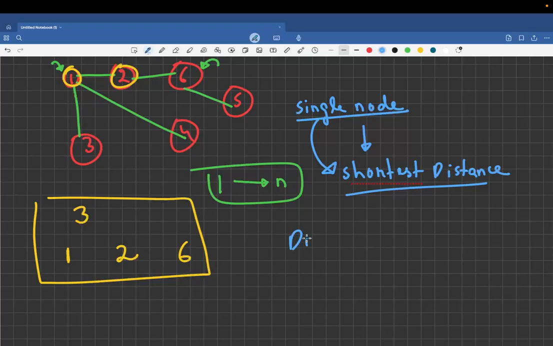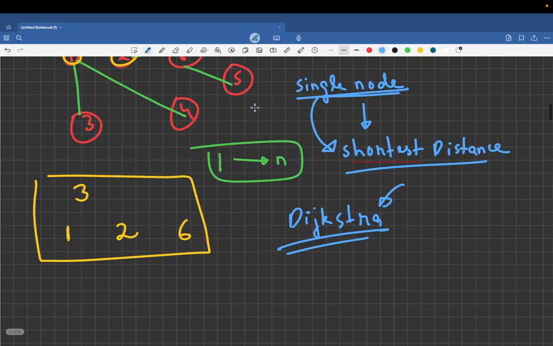It's Dijkstra, right? The Dijkstra algorithm comes to our mind for single source shortest path. The source is only one, that is the first node, and from that you want to find the shortest path to every other node. In this situation we want it for the nth node, but if I wanted it for every other node, I could simply run Dijkstra and I would be good to go. And this question can also be solved by that.